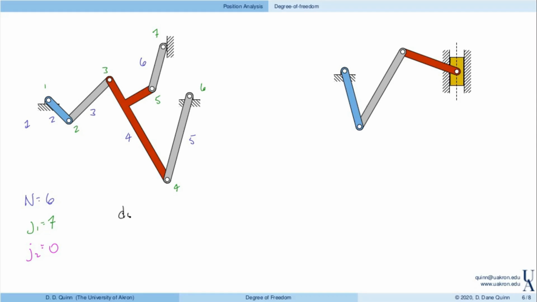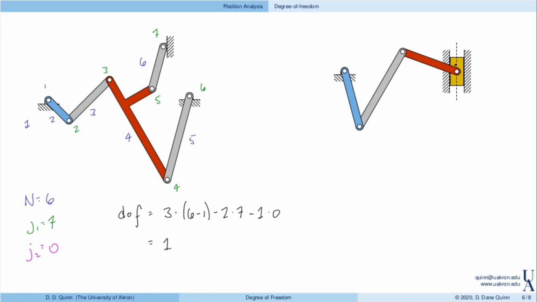Calculating the degree of freedom, we get 3 times 6 minus 1 minus 2 times 7 minus 1 times 0, which turns out to be 1. This is a 1 degree of freedom mechanism. I only need to know 1 coordinate, so maybe the angle of this input link, to describe the configuration of the system. So now let's look at another example.